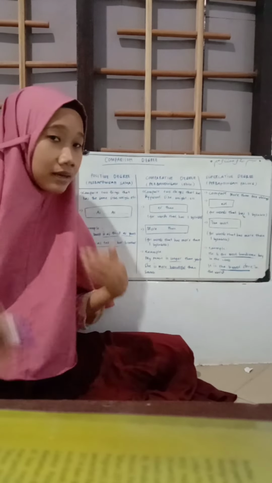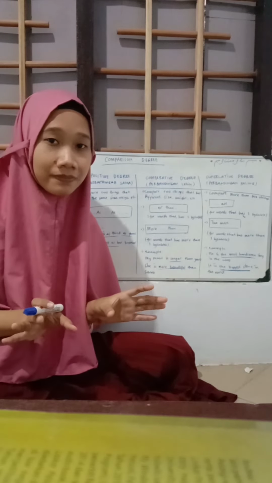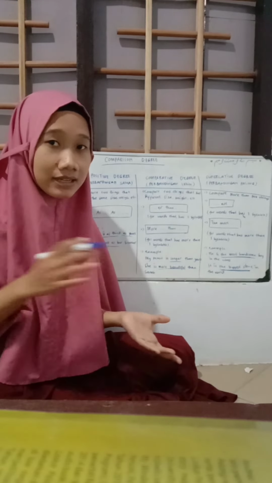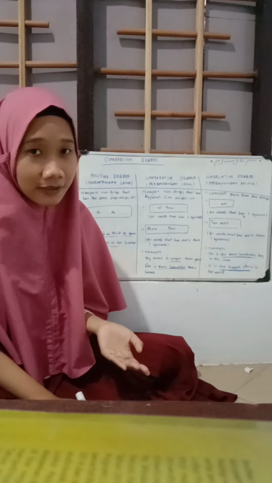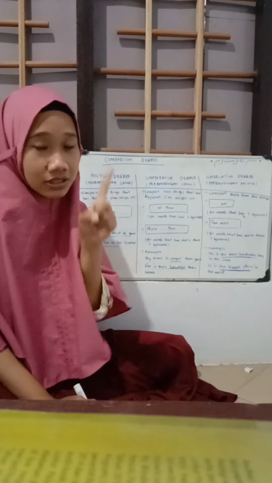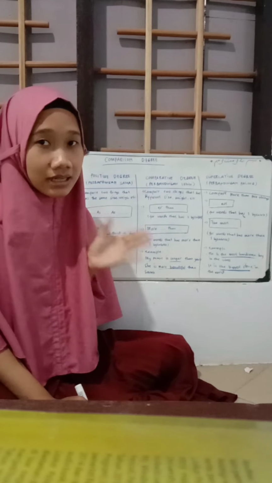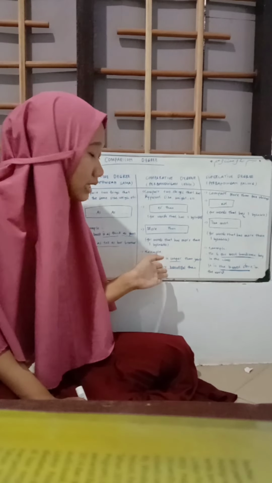So me and you have a pencil, and our pencils have a different length. My pencil is longer than yours. Longer is from the word long. Long is just one syllable, so you just need to add -er at the end of the word to become longer.